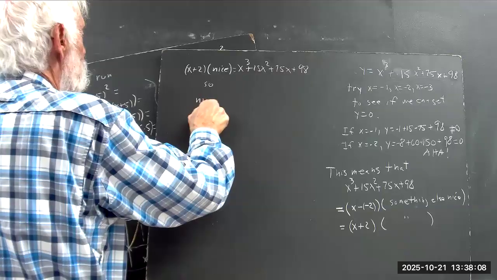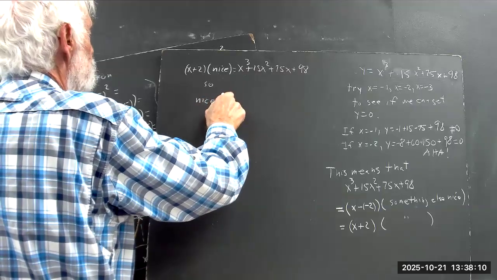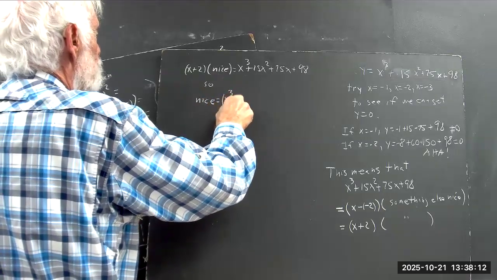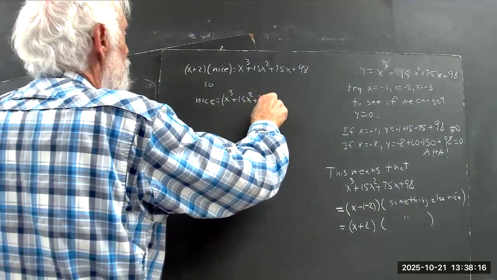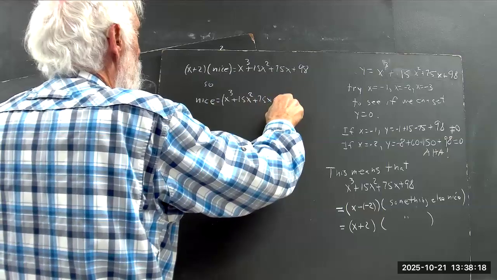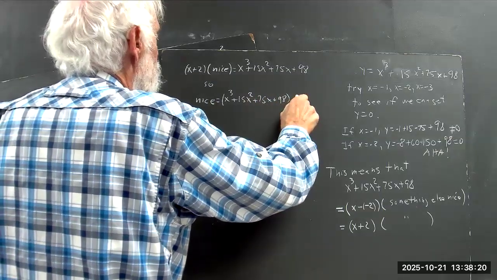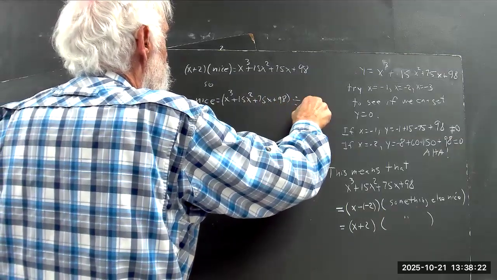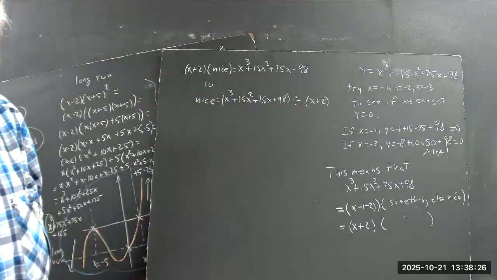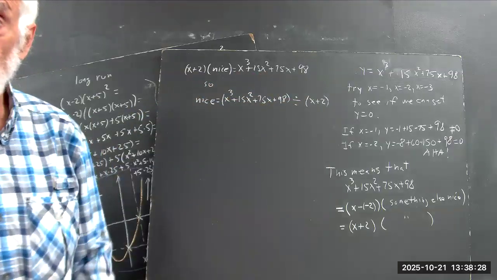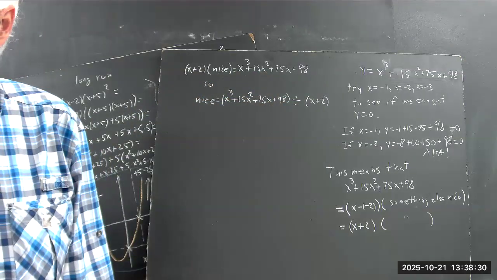So nice equals x cubed plus 15x squared plus 75x plus 98 divided by x plus 2. You know, we divide both sides of this thing by x plus 2, right?